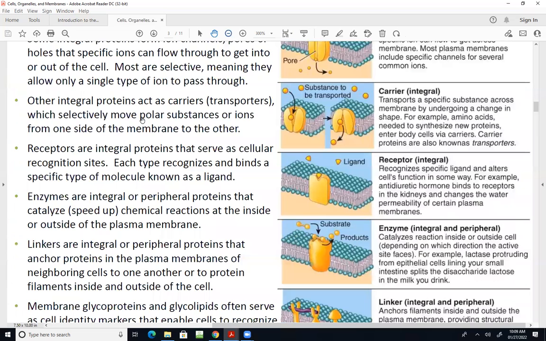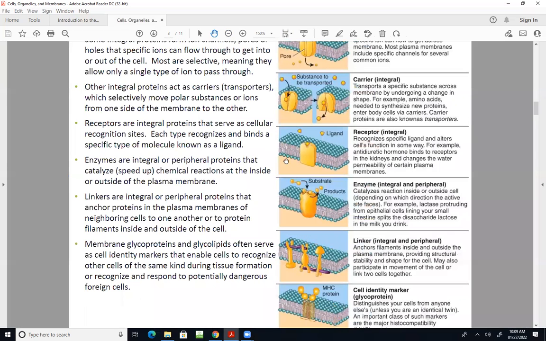Receptors are integral proteins that serve as cellular recognition sites. Each recognizes and binds a specific type of molecule known as a ligand. This is, for example, how a hormone that we release in one part of the body can target one specific cell or one specific organ. For example, we release a hormone, and I've got antidiuretic listed here, but I'll use thyroid stimulating hormone.